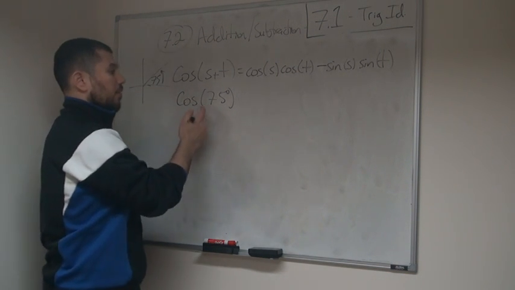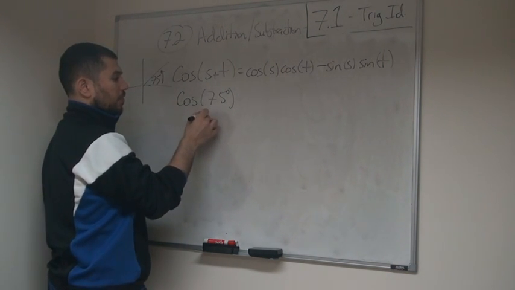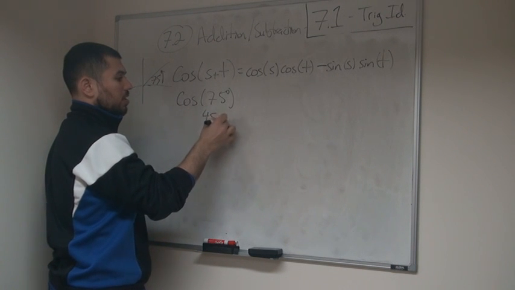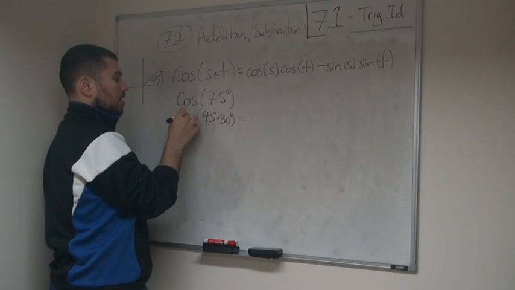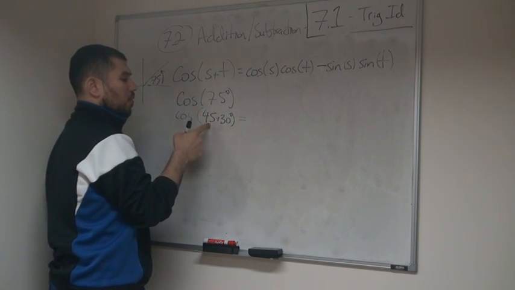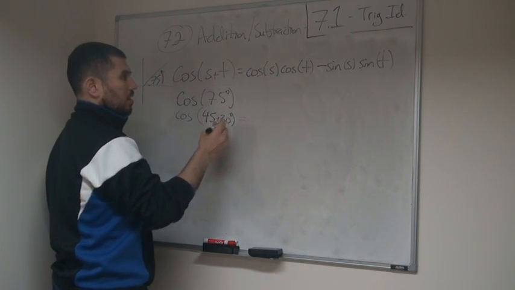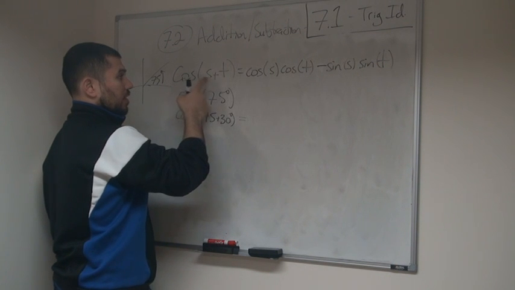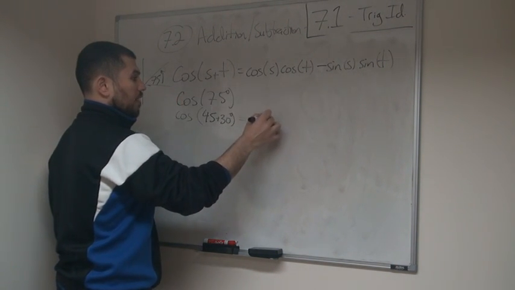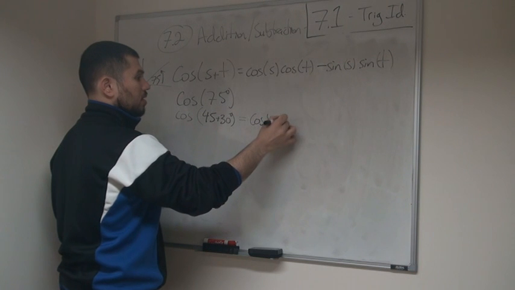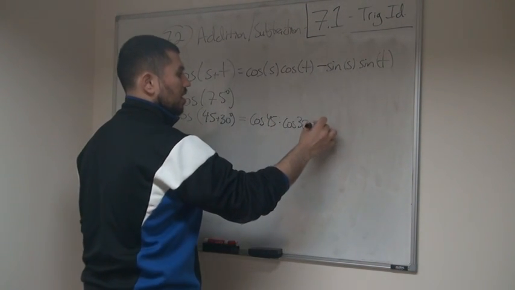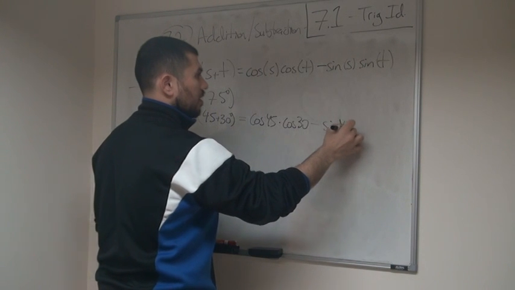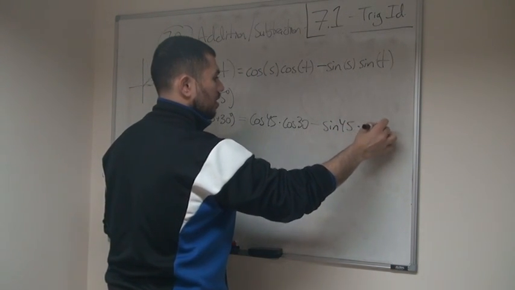If you think 75 is equal to 45 plus 30, then you could actually break this up. The cosine of a 45 plus 30 degree angle would be the cosine of the first angle s, or the cosine of 45, times the cosine of 30, minus the sine of 45 times the sine of 30.